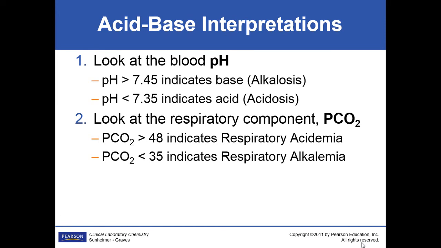Or if my PCO2 is below the normal, I've got a respiratory component going on. That slide before, I said if you had a respiratory problem, your PCO2 follows or is opposite your pH.